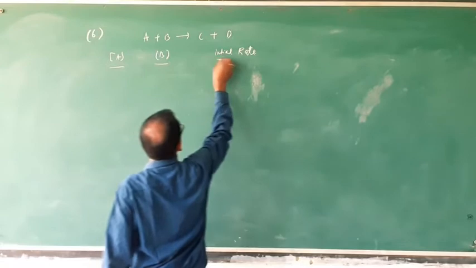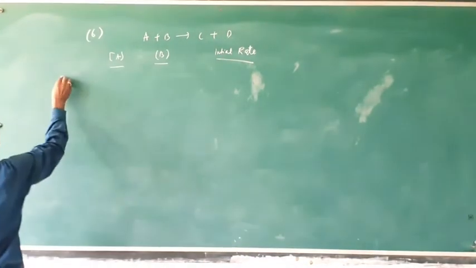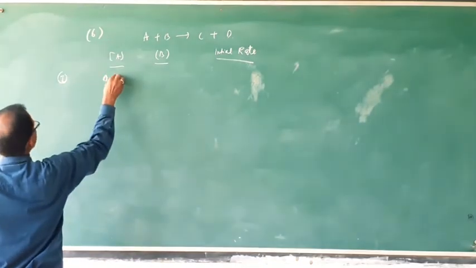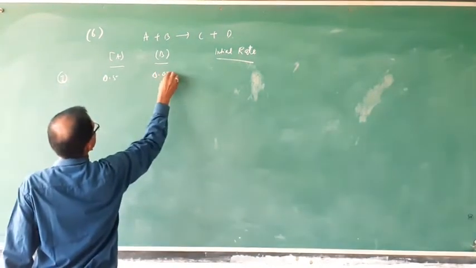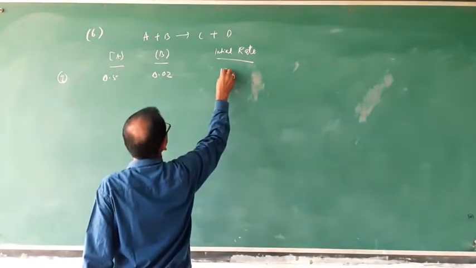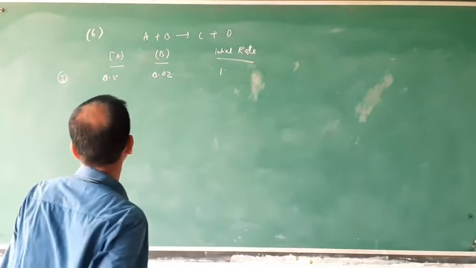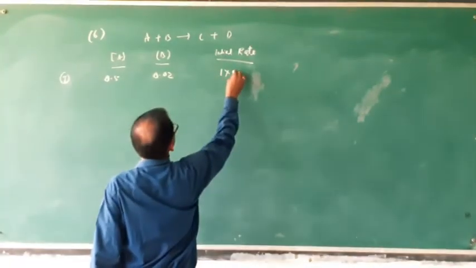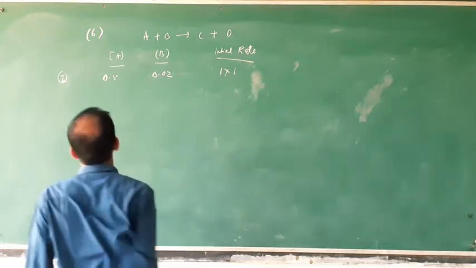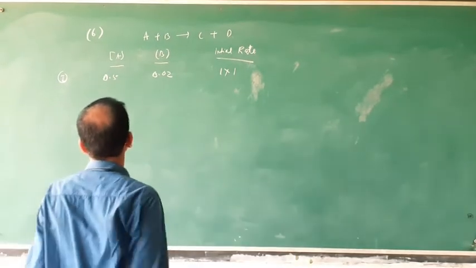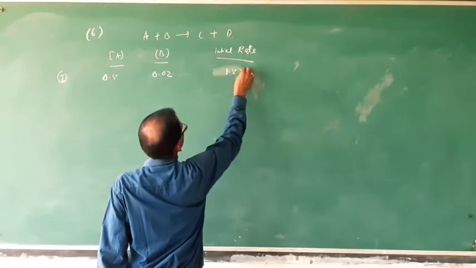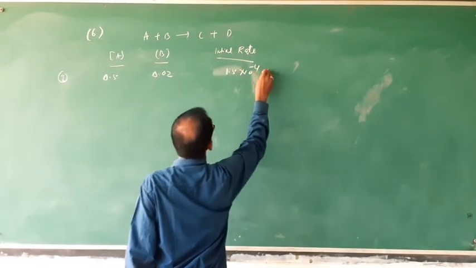This is the data. For the first experiment, the data is 0.5 concentration, 0.02 concentration, and the rate is 1.5 into 10 to the power minus 4.